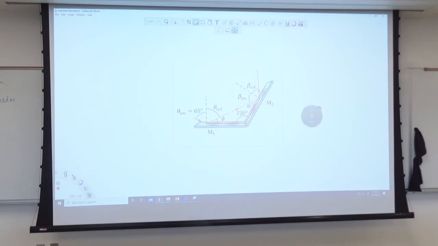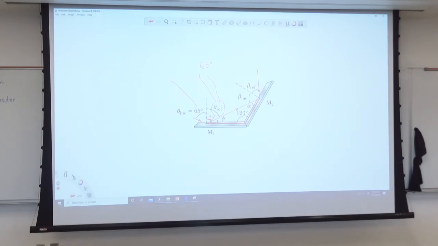Okay, let's look at this problem. So look at this part. If this is 65 degrees, then this must also be 65 degrees because the angle of incidence is equal to the angle of reflection. So that's 65 degrees. And this is normal, so that should be 90 degrees.